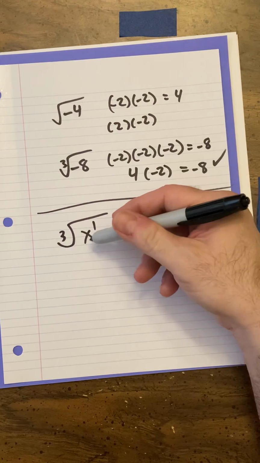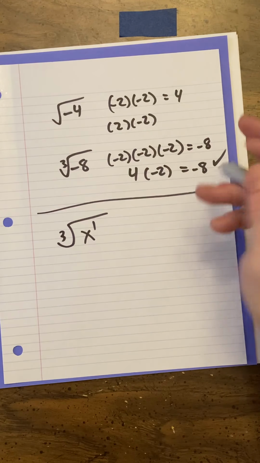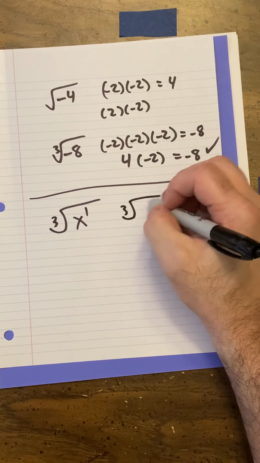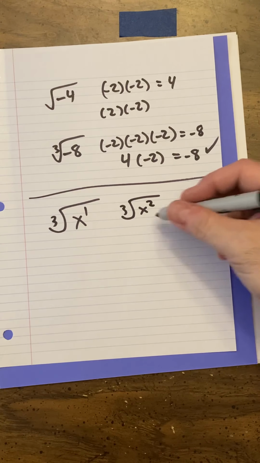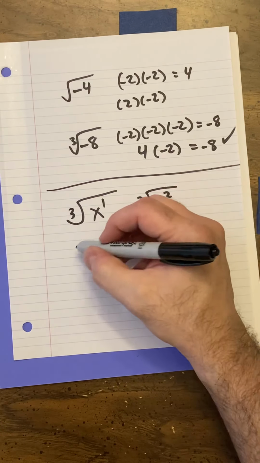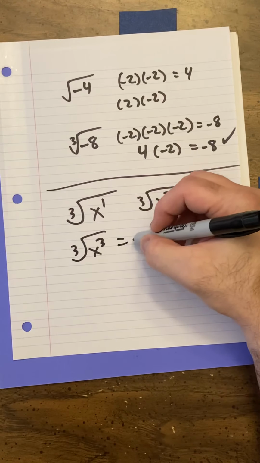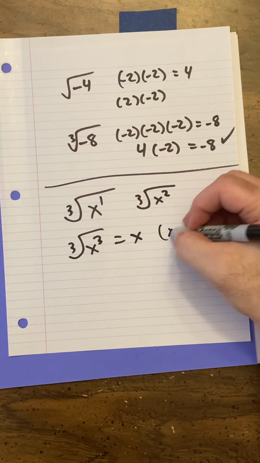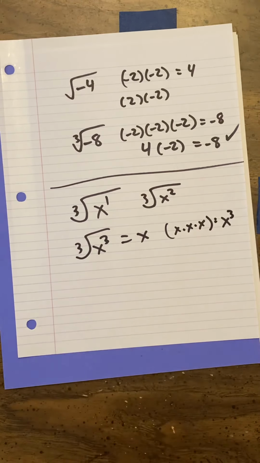There is nothing that multiplies by itself 3 times that gives you x to the 1st, so this cannot be simplified. How about cube root of x to the 2nd? Same problem. Nothing times itself 3 times is going to give you x to the 2nd, but x to the 3rd, you do have a solution. It's x, because x times x times x is x cubed.